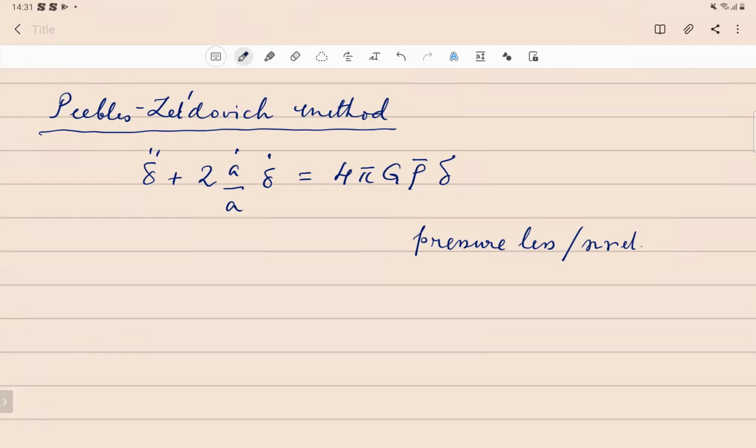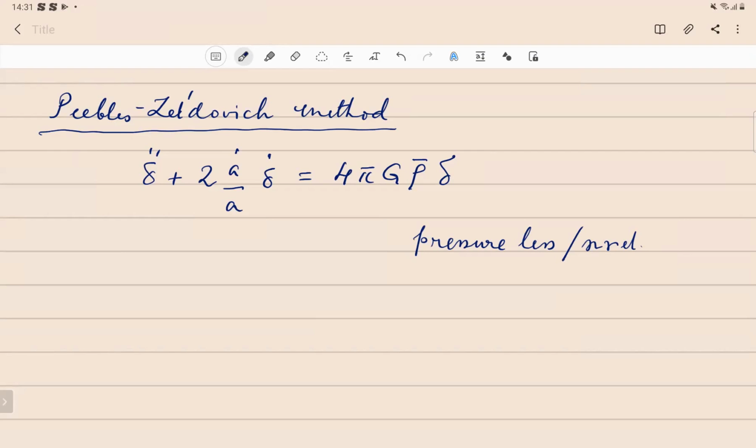All right, so in the morning, we looked at the equation for growth of density fluctuations under several approximations. The first was we are looking at small scales, so we are following a Newtonian analysis. So relativistic corrections which occur on large scales, on scales of the order of the horizon, are not included.